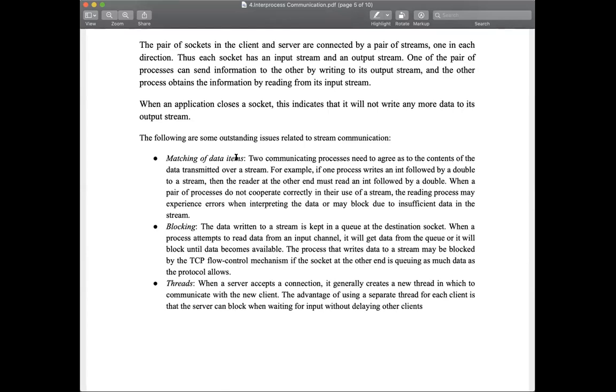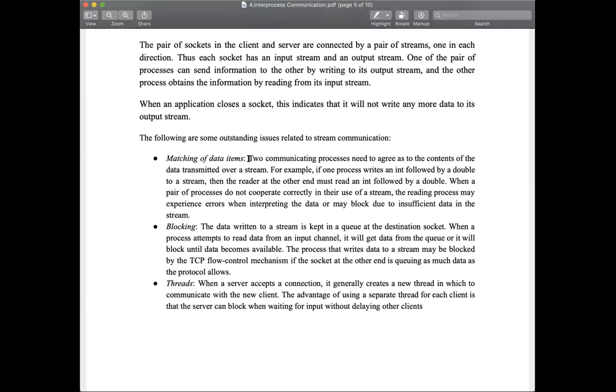When we are transferring multiple data types, in advance the receiving party has to receive and extract the same message in the same order.